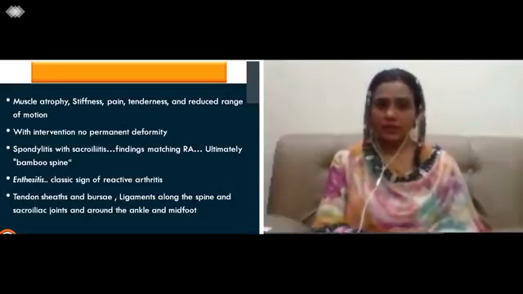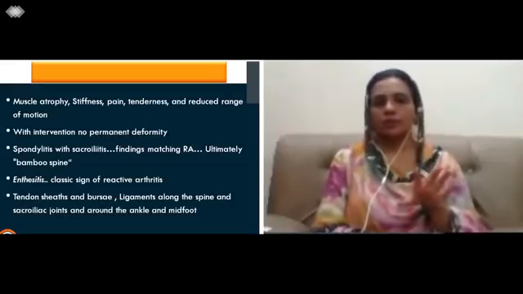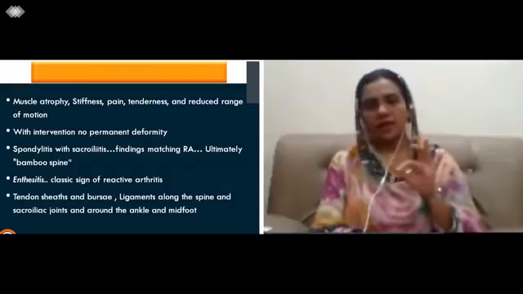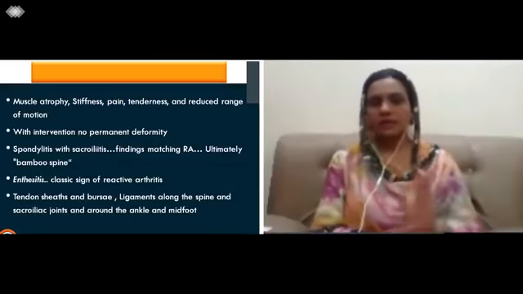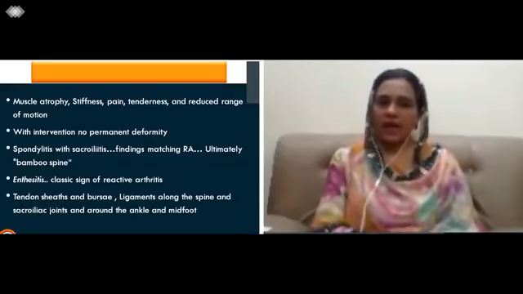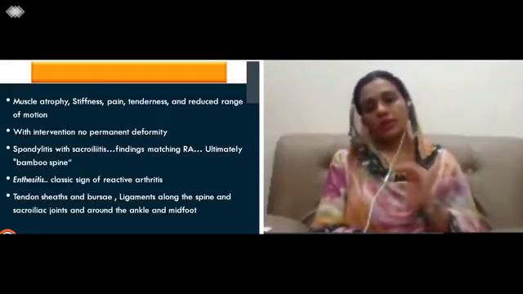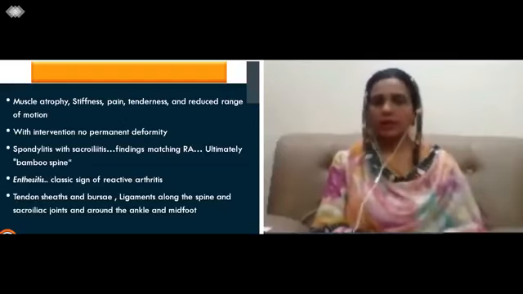Enthesitis is actually inflammation at the site of insertion of your tendon or ligaments on the bone. I'm again telling you, enthesitis is the inflammation at the site where your tendon or ligament attaches to the bone. Okay, along with enthesitis, meaning the tendon attachment site, sometimes the tendon sheath and the bursae and the ligaments along the spine are also involved. That is why they progress towards bamboo spine.